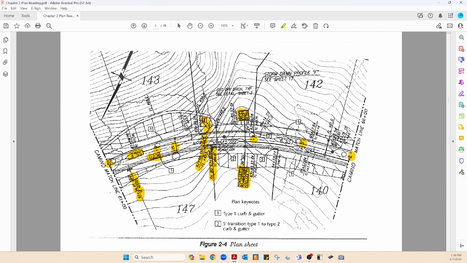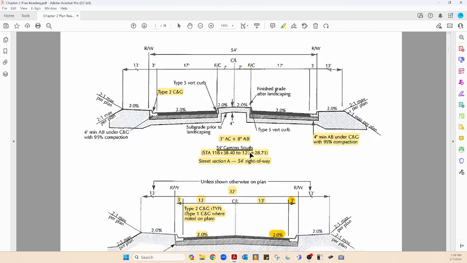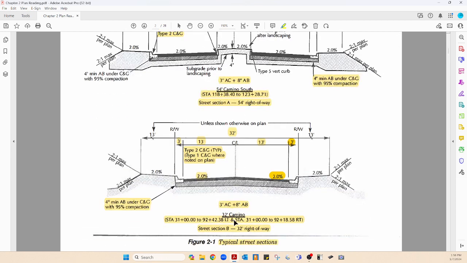This is the width of the street from the right-of-way, you may recall, to right-of-way as shown in the street section detail back in figure 2-1. So we are continuing, believe it or not, and let's take a quick look. That is figure 2-1, and here is the 32-foot right-of-way.